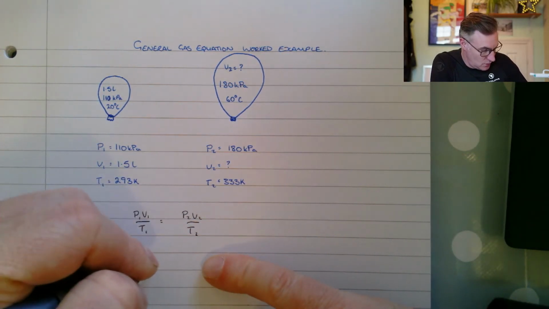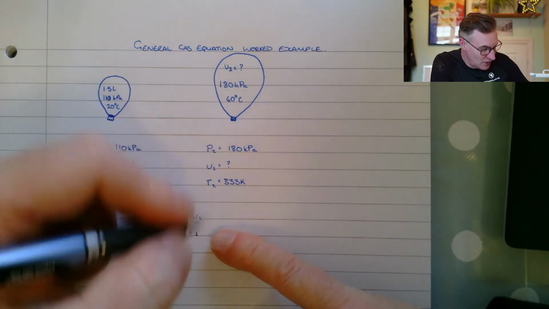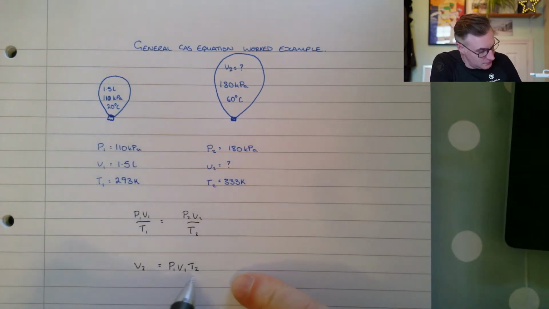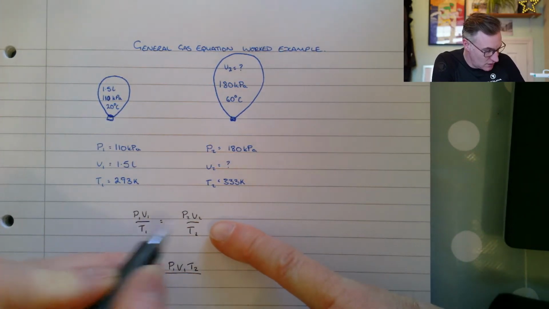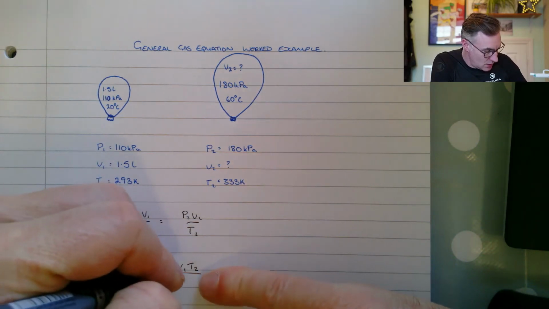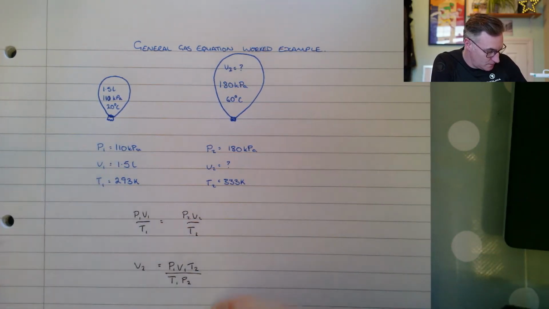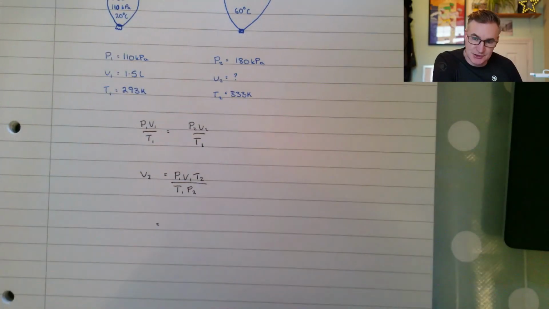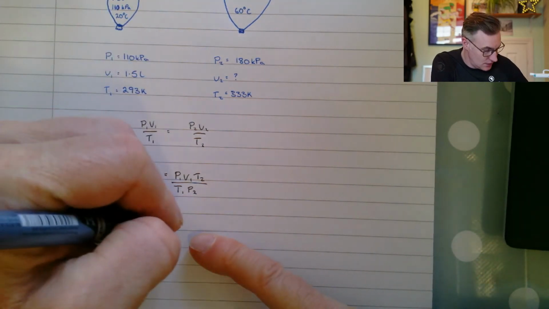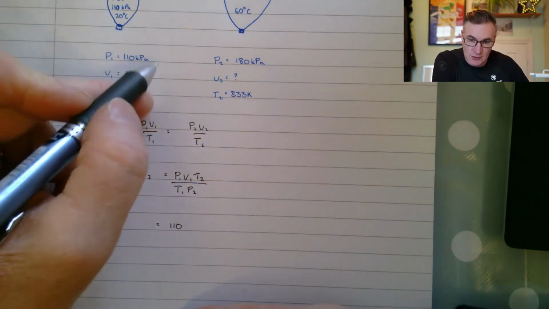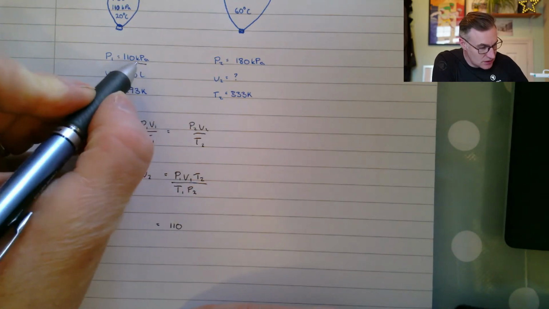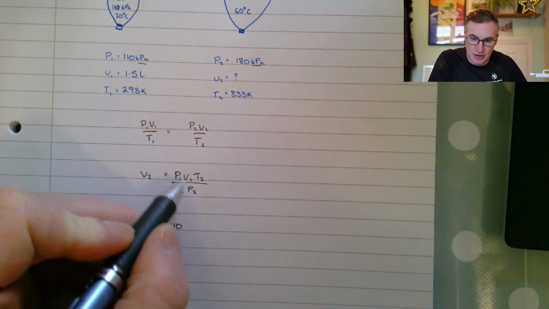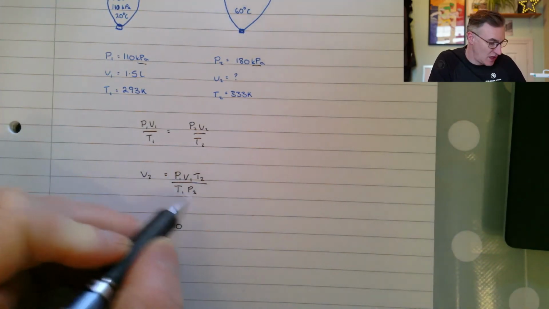And so V2, and this starts becoming a bit of a mouthful, will have P1, V1, T2, over T1 times P2. Then we just substitute our numbers in and solve from there. I'm going to leave it as kilopascals. I'm quite happy, because the pressures are going to be over each other, the kilo bit of the pascal is just going to disappear anyway.